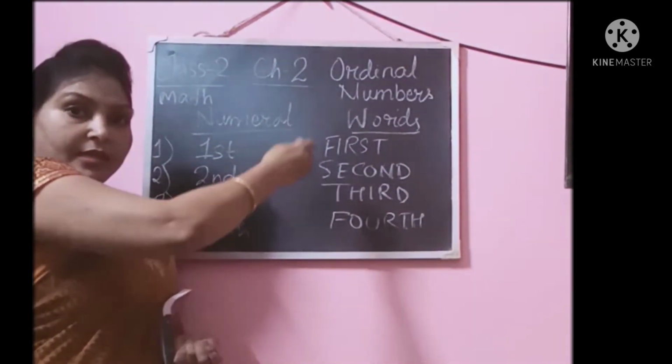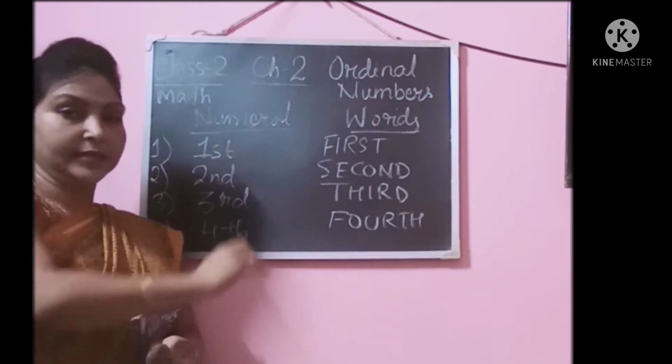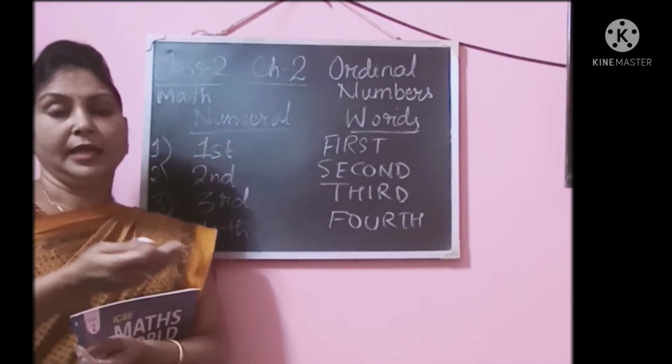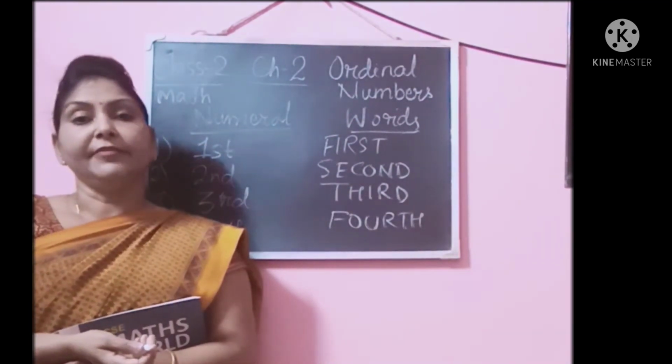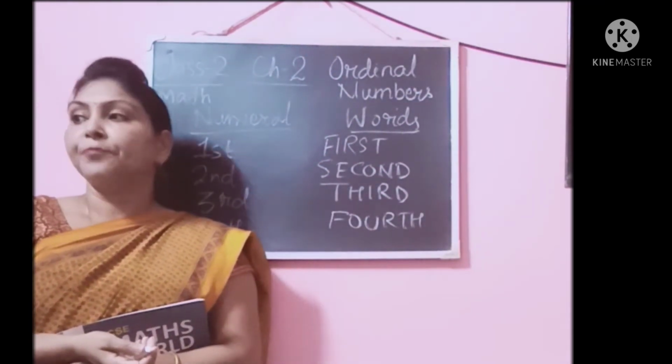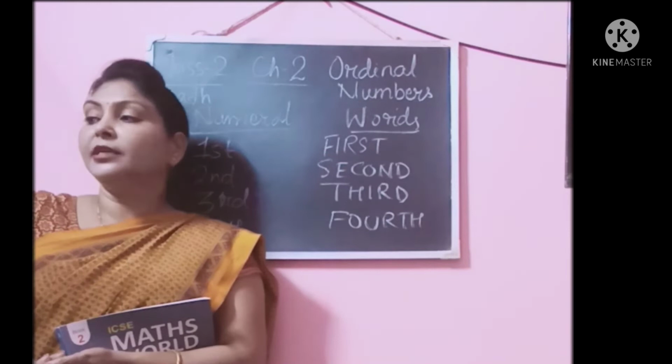So you will be writing the ordinal numerals from 1st to 20th. Like first, you will write in numeral as well as in words.